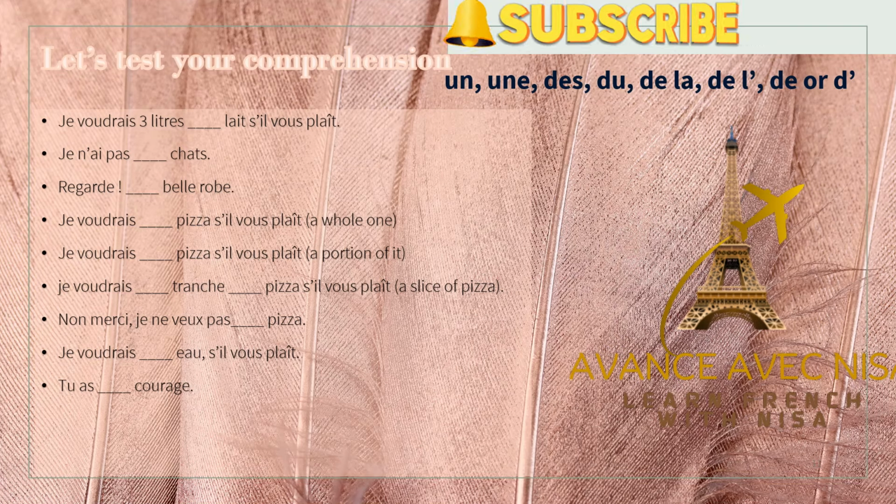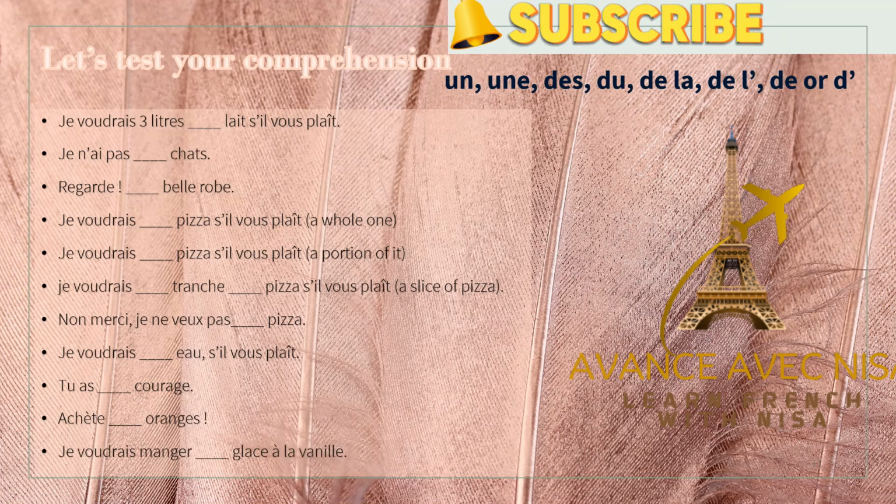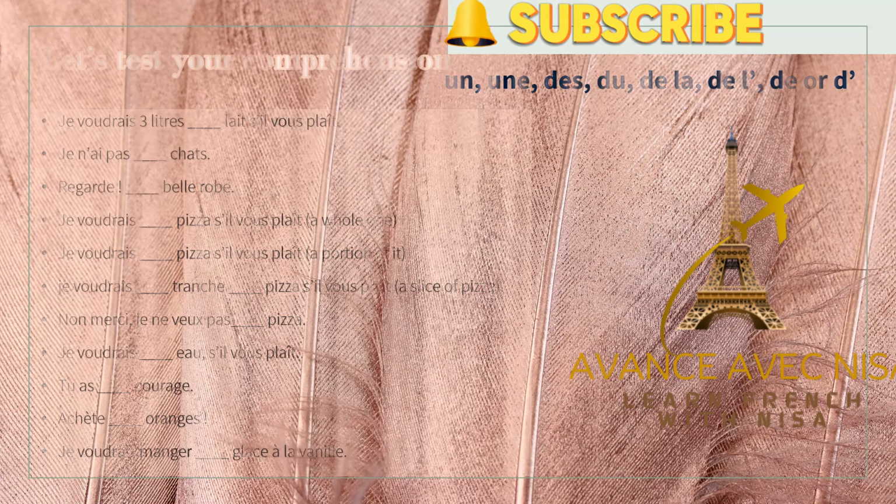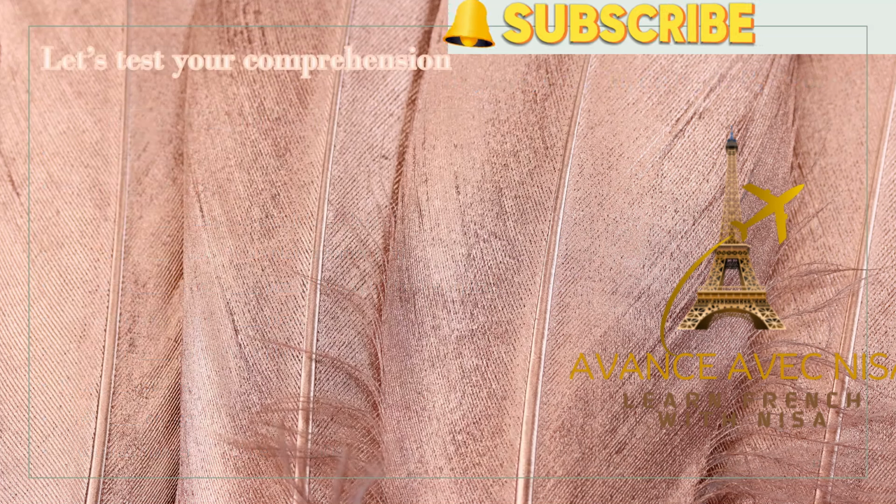You can type your answer in the comments below if you want, or you can write them down. When you're done, you can play the video to check your answers. So let's check your answers now.